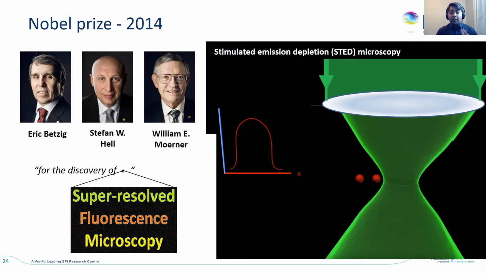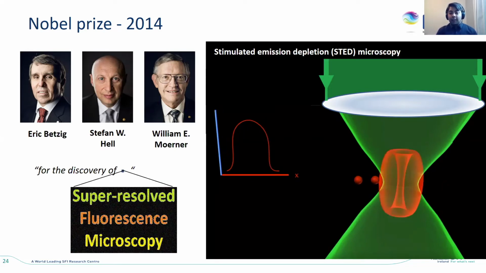But if you create a donut where in this donut fluorescence doesn't occur, fluorescence occurs only in the center of the donut where there is no light, no induction there.